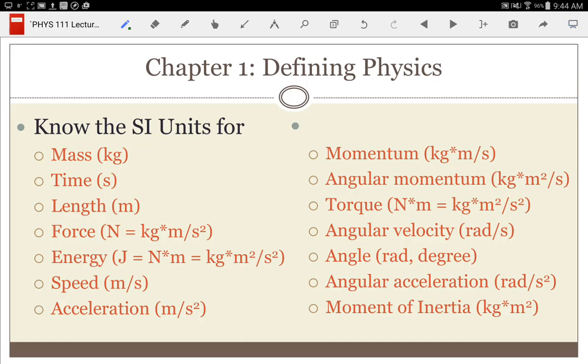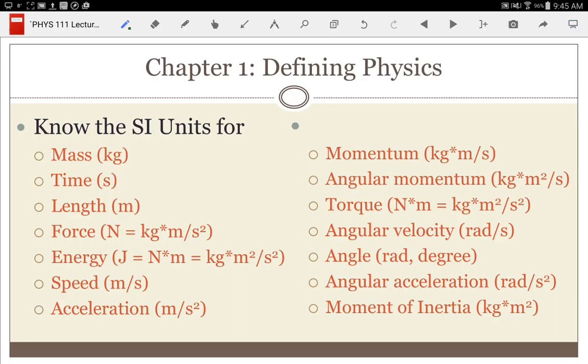Forces, the first thing that you didn't necessarily, well, mass, you may not have necessarily understood what mass was. But force, you definitely didn't necessarily have to understand that when you started this class. Force is something that's pushing or pulling, and it has units of kilograms times meters per second squared. Pretty complex unit.